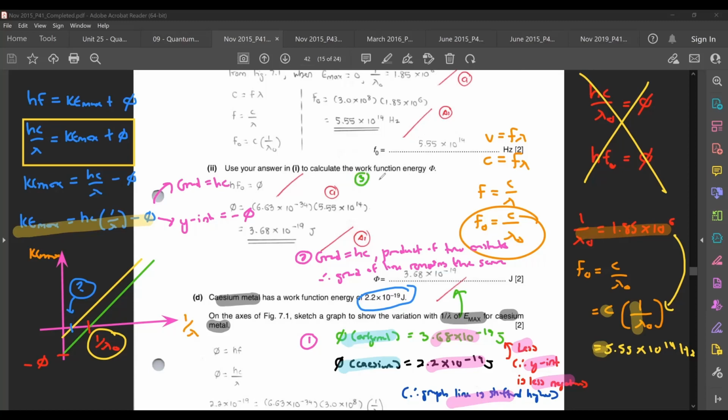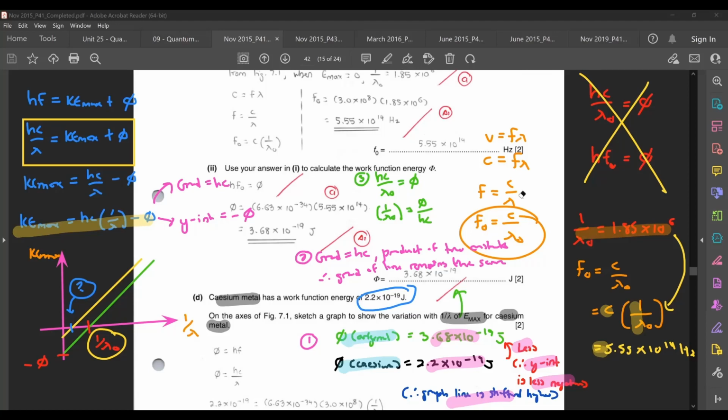So if you recall that hc over lambda naught is equals to the work function, 1 over lambda naught will be equals to phi over hc.